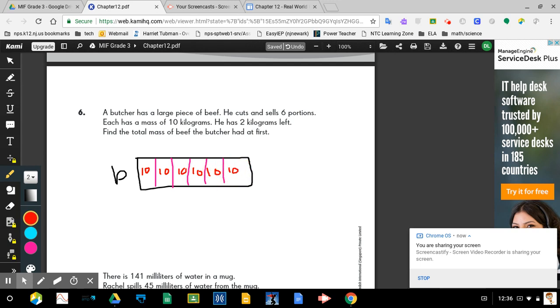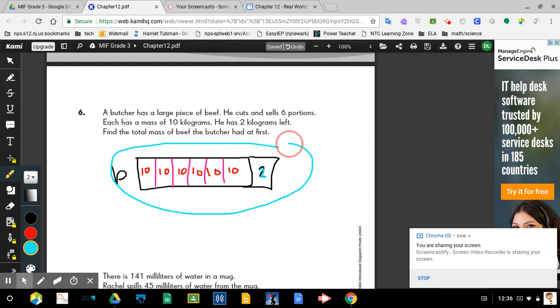He has 2 kilograms left. So if I cut and sell 6, I'm going to end up with 2 left. I'm going to put a little 2 more over here, in a different color. Find the total mass of beef the butcher had at first. So I want this whole thing at first. I am cutting and selling 6 portions with a mass of 10 each. Over here, I'm going to put this in purple.